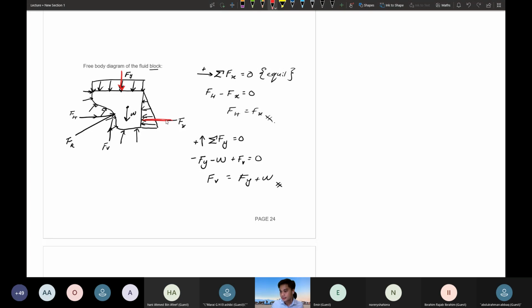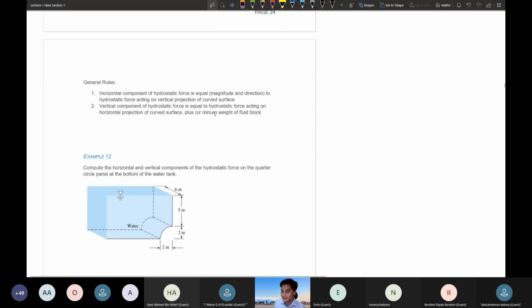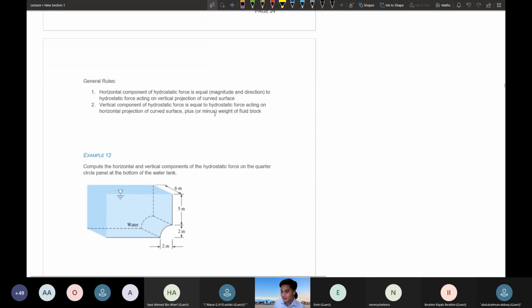This is also the forces involved, so from here we break it down. Everyone, I think this is the basic concept of statics that you have learned previously, right? You learn statics and then you apply it to fluid mechanics. So that's the concept you please do not forget.